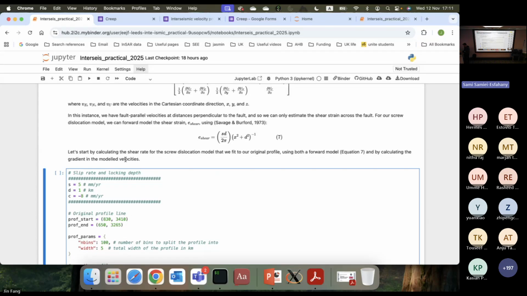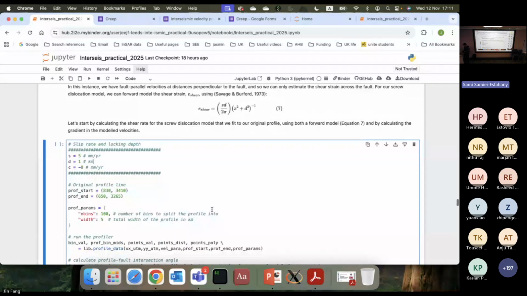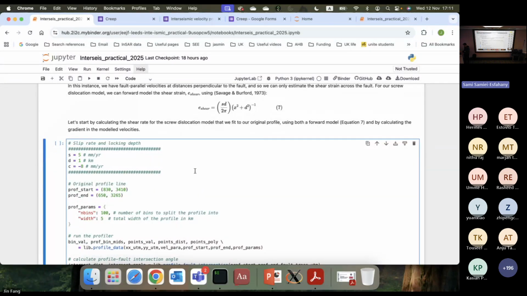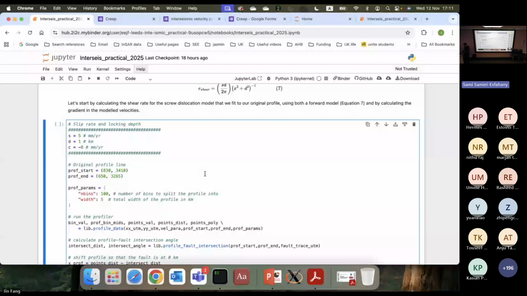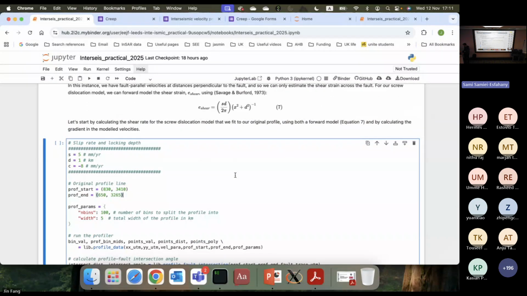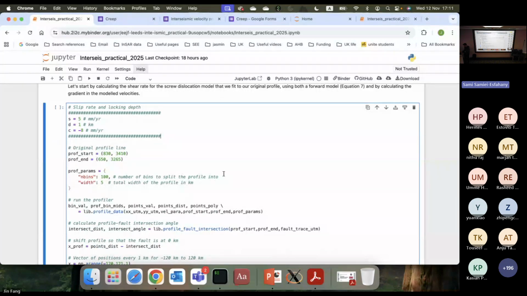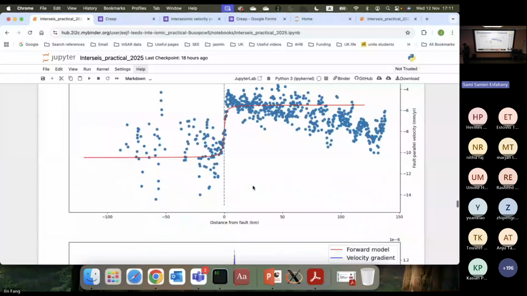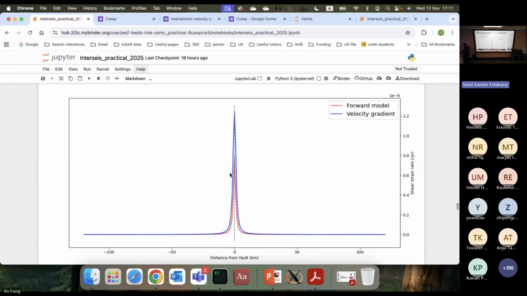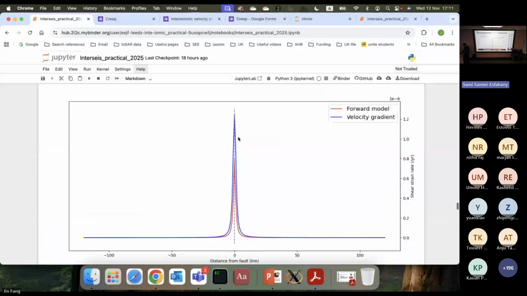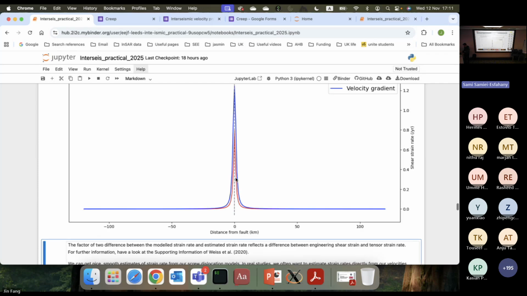Now let's start by calculating strain rate for the screw dislocation model that we fit to our profile, using both the forward model and by taking the gradient in the model velocities. For example, you'll see there's about a factor of 2 difference between the modeled strain rates and the estimated one.